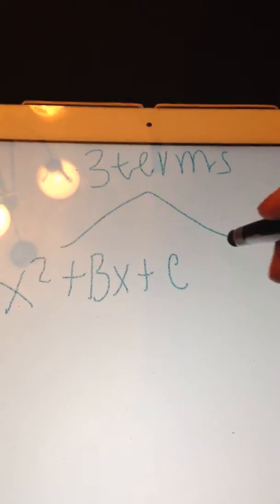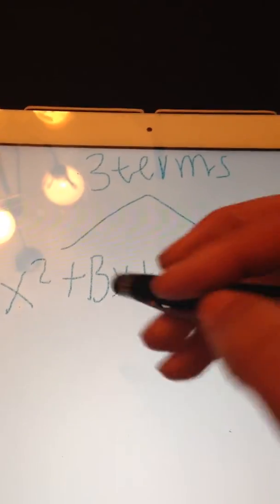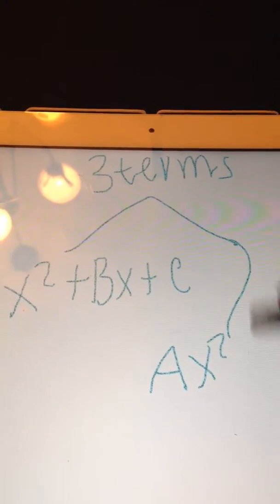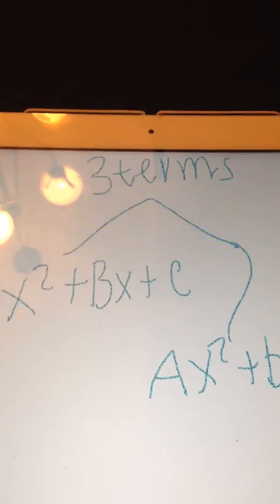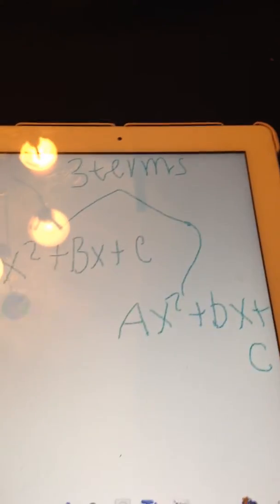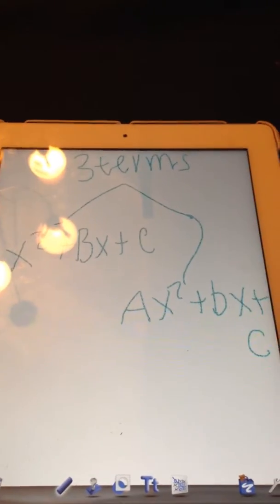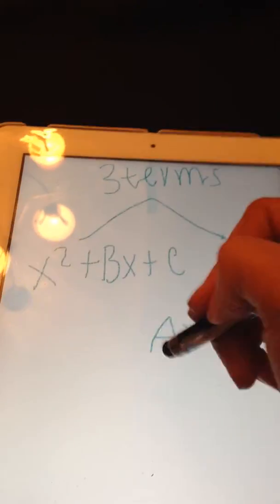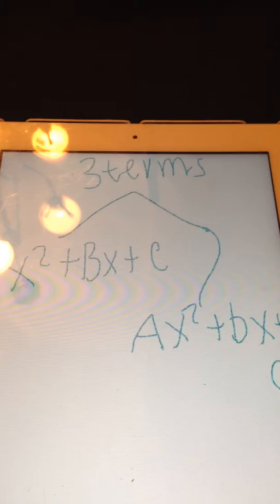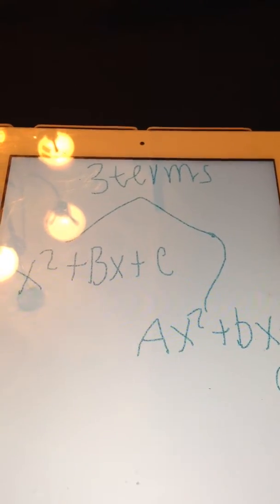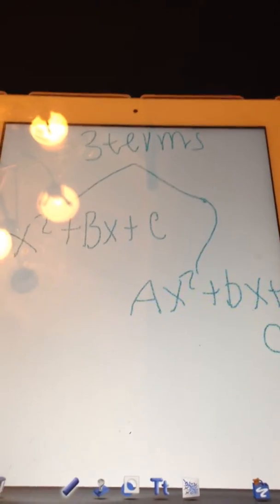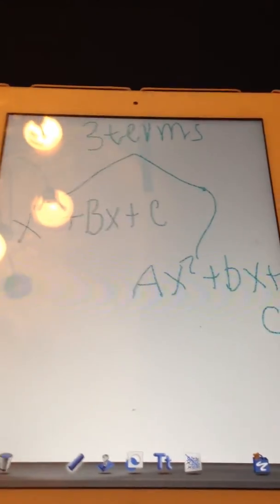And then we have our formula, which we're going to use in the tic-tac-toe method, ax squared plus bx plus c. Sorry, that's kind of bad, but that's plus c right there. And we know that c, so factors of c whose sum equals b. So that's kind of the term that we're going to use during this whole process.